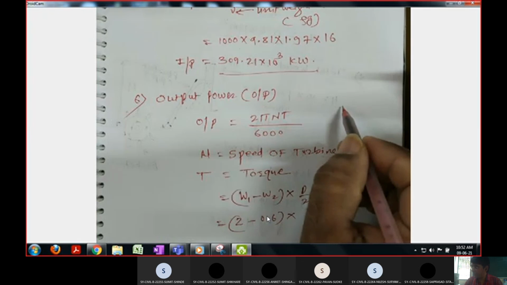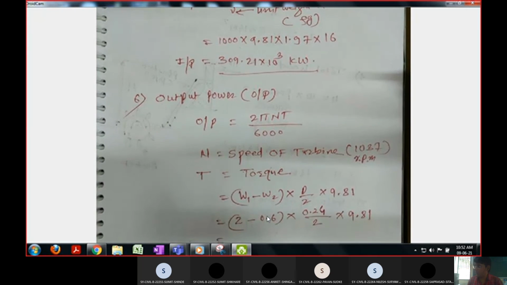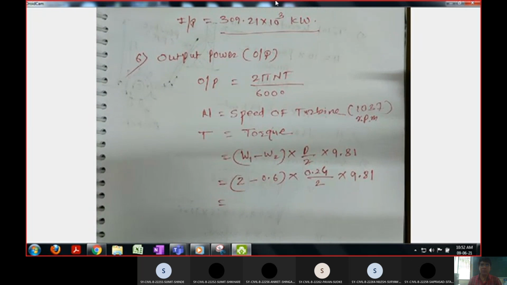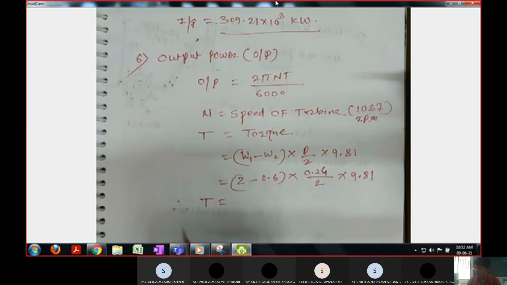We have a drum on which we have applied the load, that is 0.24 meter divided by 2, into 9.81. With the help of this you have to calculate the torque. So torque T is how much? किती आला torque?